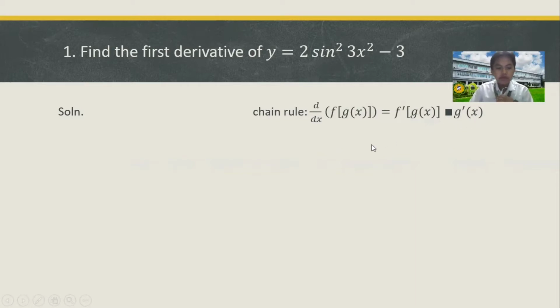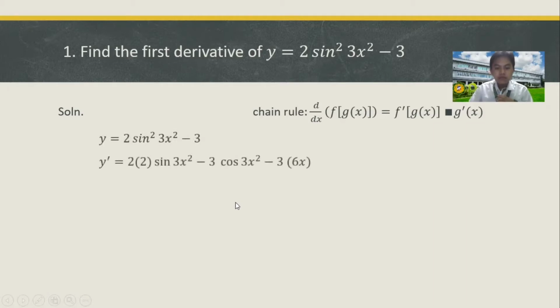The f here is the 2 sine squared and the g of x is the quantity of 3x squared minus 3. To find the first derivative, we will derive the f and then copy the g of x times the derivative of g of x.